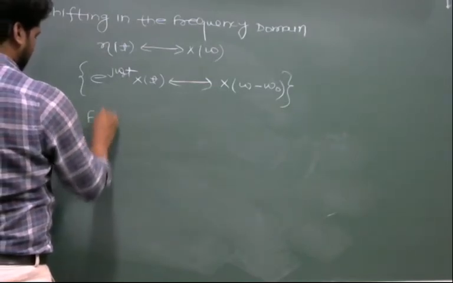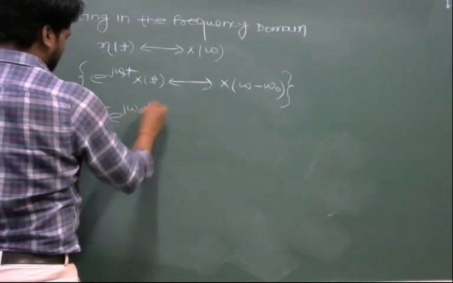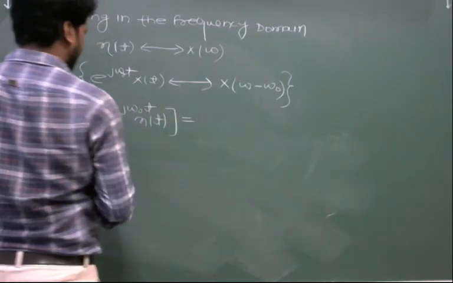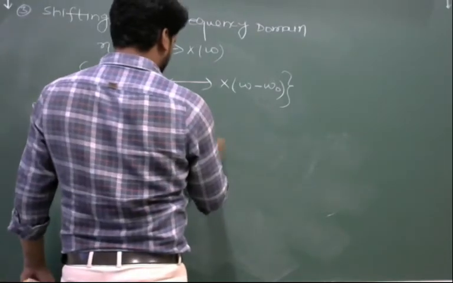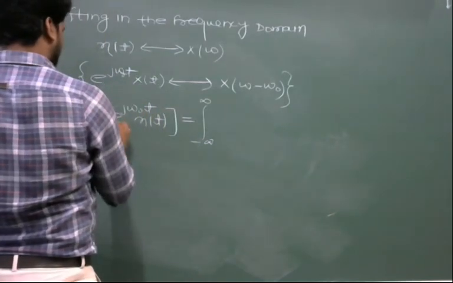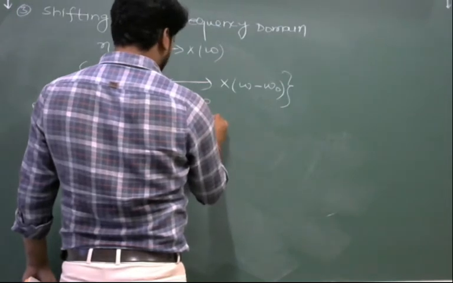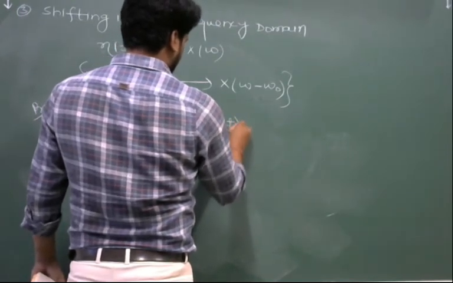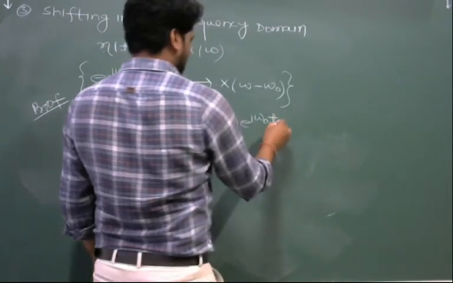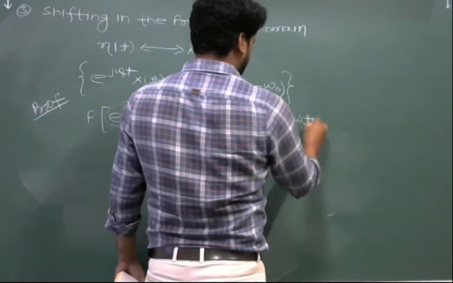Find the Fourier transform of e power j omega naught t xt. This will give integration from minus infinite to plus infinite. In place of xt, I will put this function here. This will become xt into e power j omega naught t into e power minus j omega t dt.